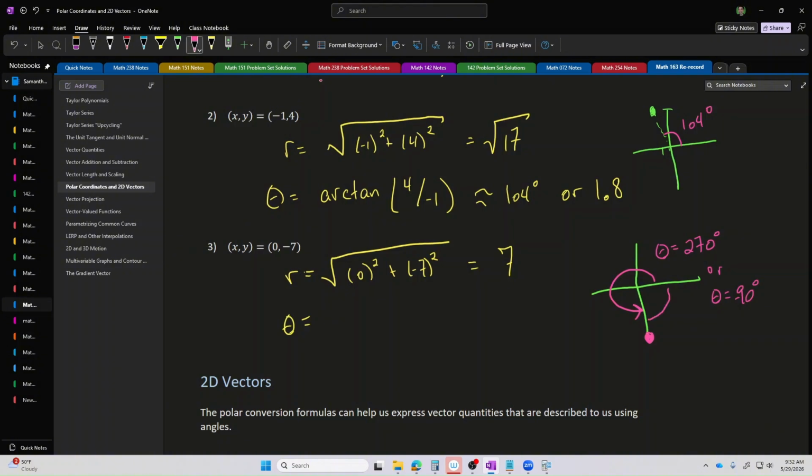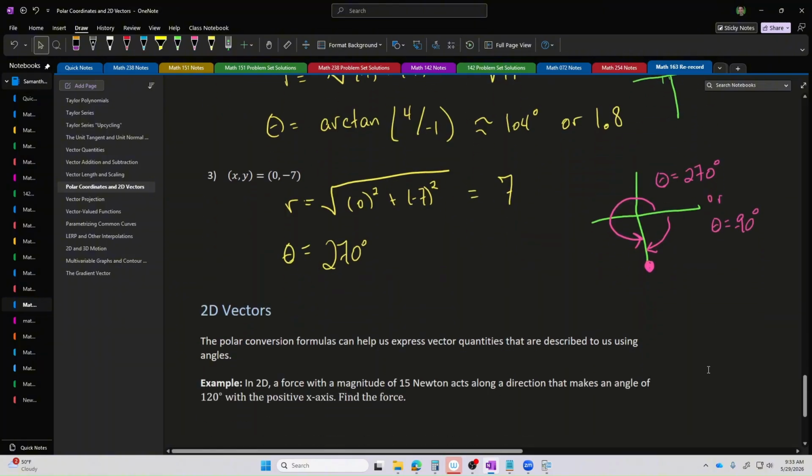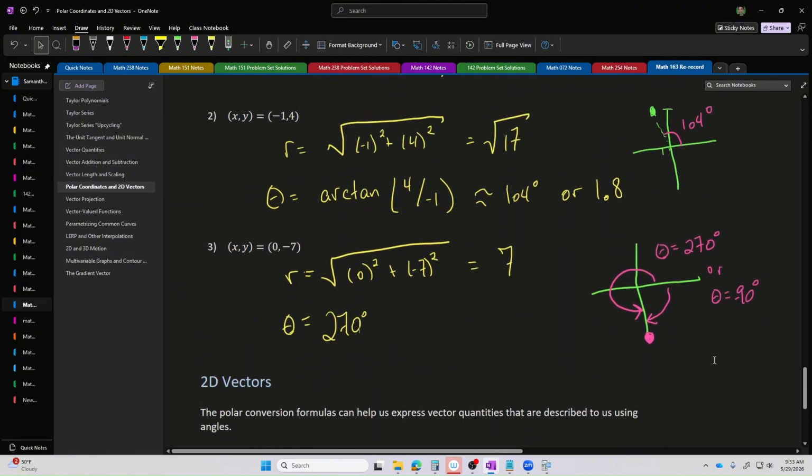That would just be the sort of clockwise way to reach that same location. Both of these are correct. Either one is fine. I might have a minor preference for 270, just because I like that it's positive. So this would be my value of theta, which I found manually from the drawing, because when x is equal to 0, neither of the formulas that we've presented can be used.